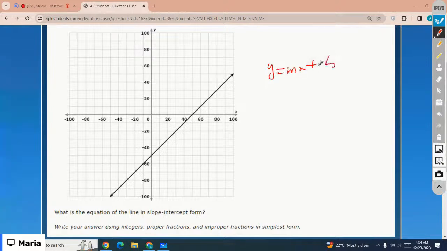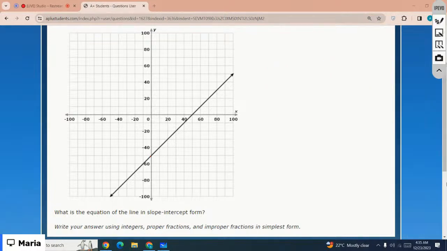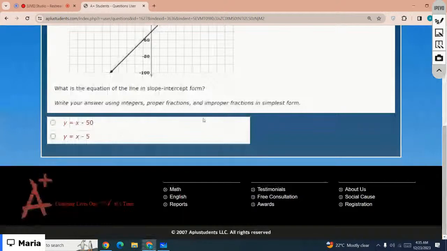Here the y-intercept is -50, right? B equals -50. Now calculate the slope. Just use two consecutive points, that would be 1 and 1. So the slope is 1. So y equals x minus 50 is the correct option. The equation is y equals x minus 50. Option number 1 is the correct option. Got it?